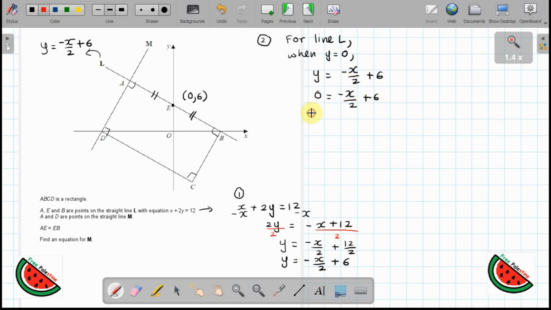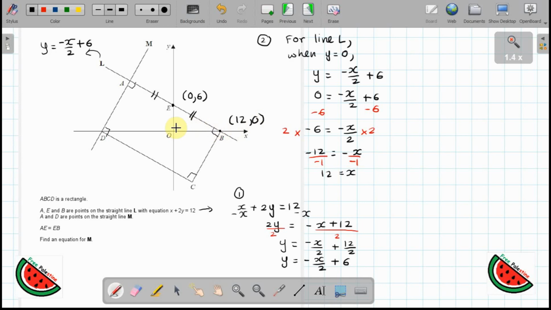You subtract 6 both sides, so minus 6 is equal to minus x over 2. Times 2 both sides, so minus 12 is equal to minus x, and then finally divide by minus 1. x equals 12. So this coordinate here is 12, 0.